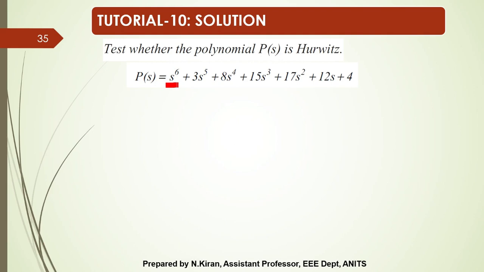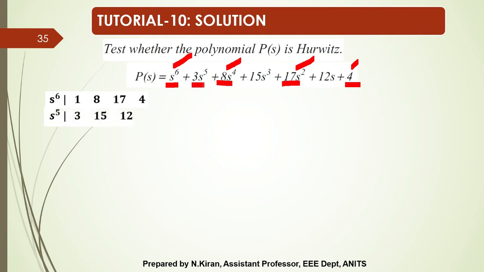So first I will write all the even terms. Since the highest order is an even term, I will first write the coefficients of the even terms, that is s power 6: here the coefficient is 1, here 8, here 17 and 4. Next, the odd coefficients, s power 5: the coefficients are 3, 15 and 12.